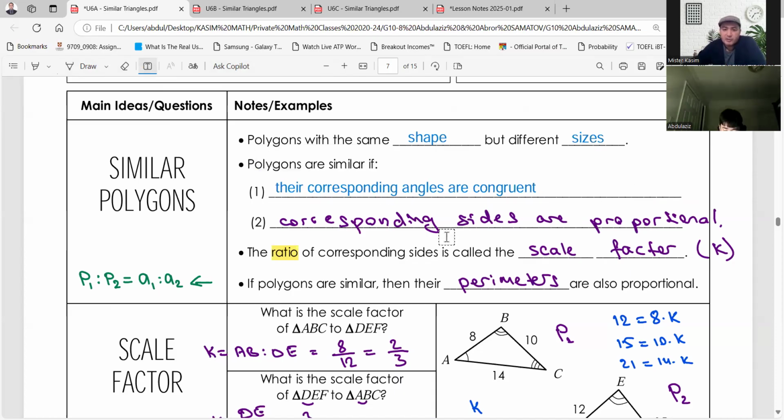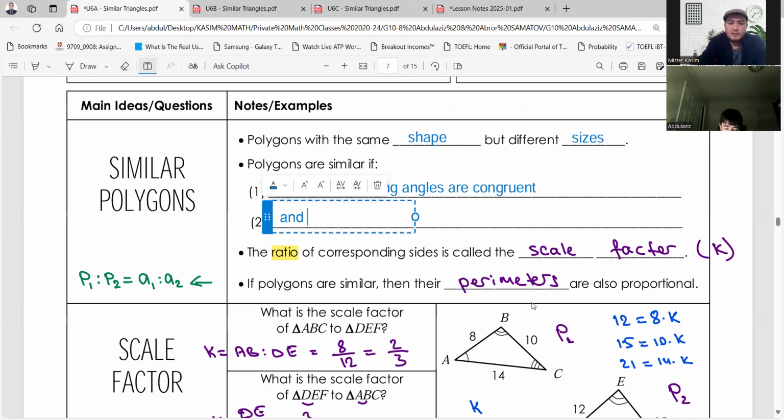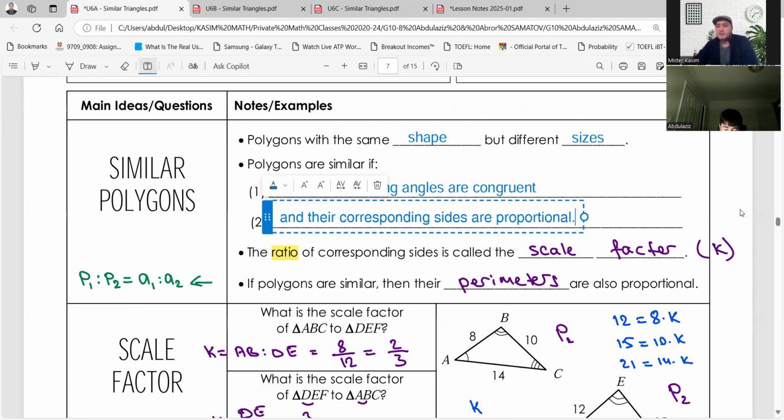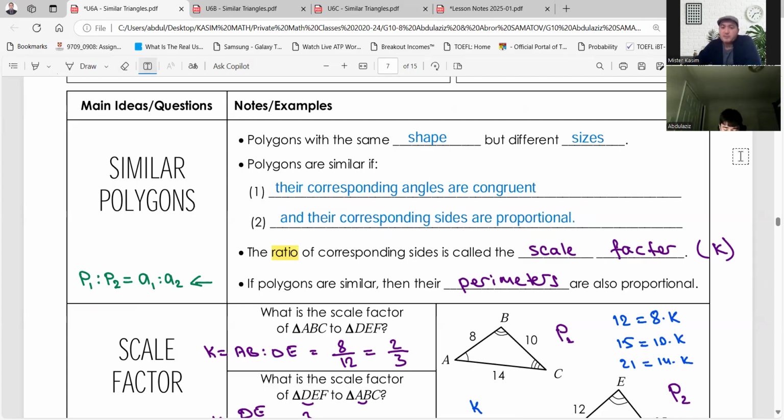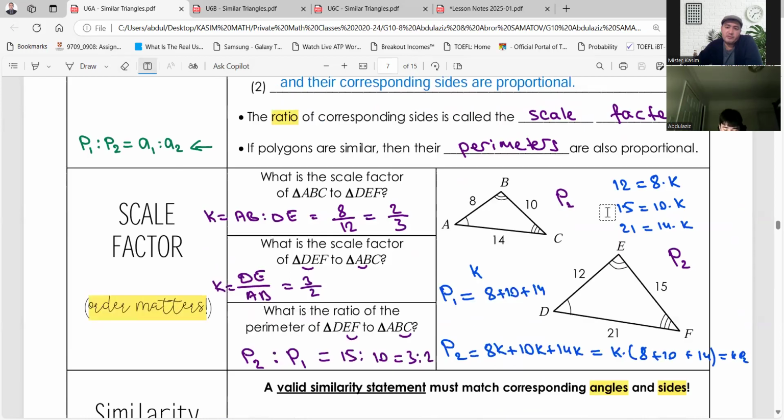And their corresponding sides are proportional. What does that mean? It means that ratios are equal. Their corresponding angles are congruent and their corresponding sides are proportional. We have to know these two things.